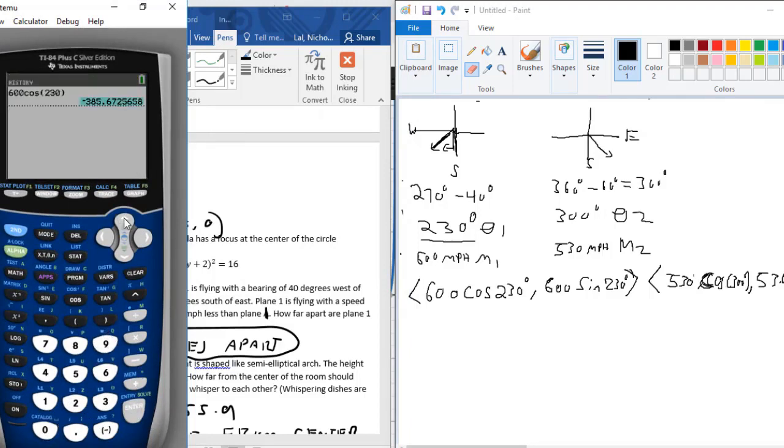And then I'm going to calculate 600 times the sine of 230. I'm then going to calculate 530 times the cosine of 300. And then I'm going to find 530 times the sine of 300.